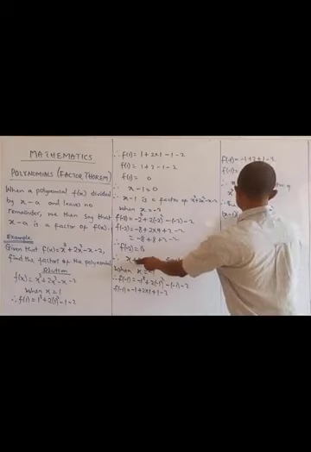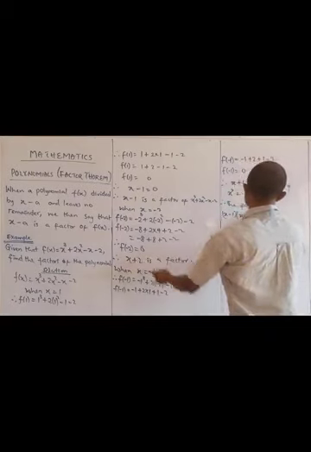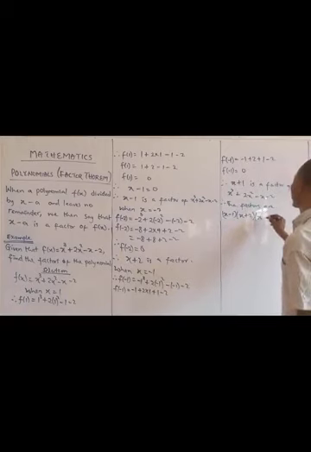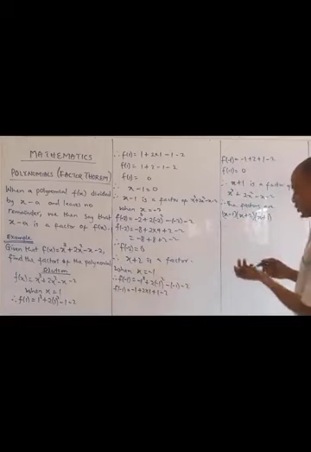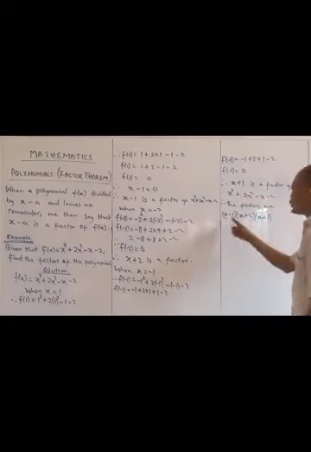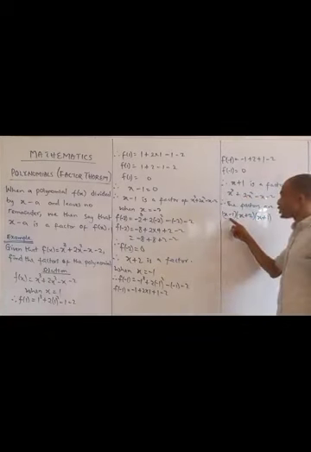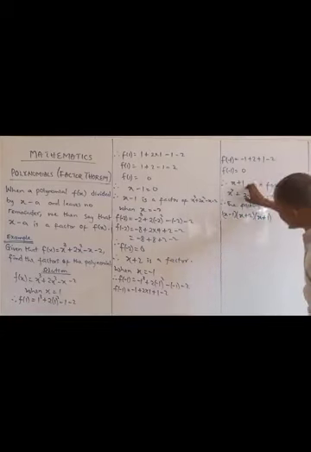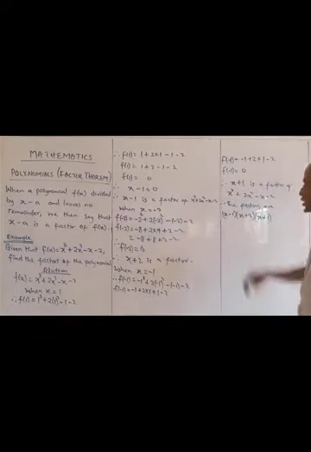The second one is x plus 2, and the third one is x plus 1. So these are the factors of this polynomial. If you open this bracket, we use all these factors to multiply one another, you are going to get this.